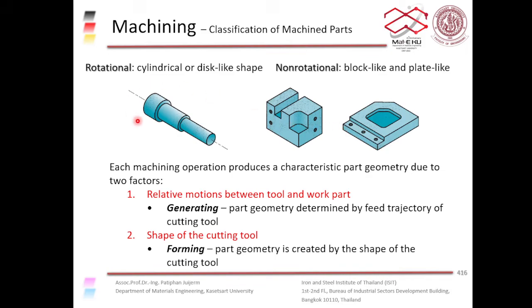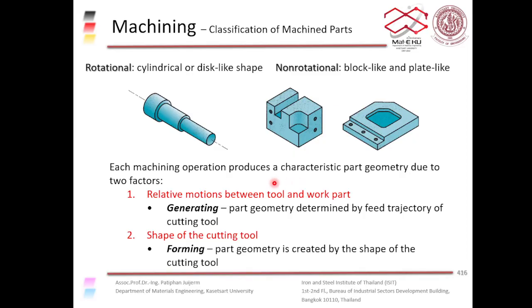If you want a cylindrical shaped product, you use turning on a lathe. But for block shape or non-rotational parts, you would use a milling machine or drilling machine, or mostly a milling machine.